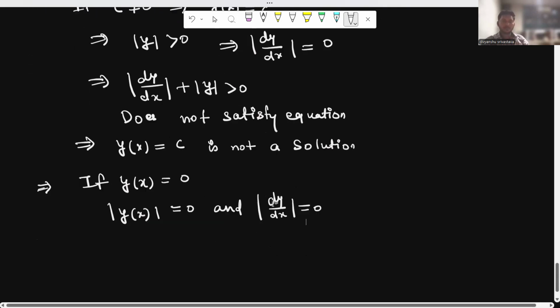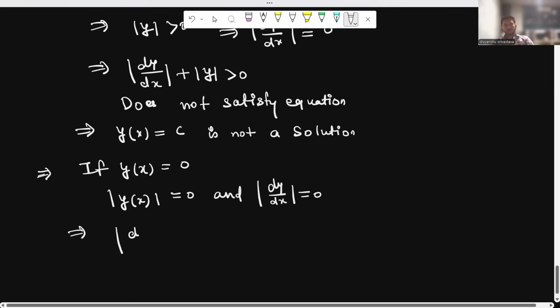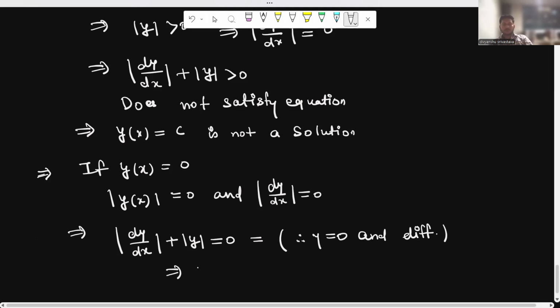So the next thing is that modulus of dy/dx plus modulus of y is equal to 0, which means y is equal to 0 and satisfies the differential equation. Therefore this implies y(x) equal to 0 is a solution.